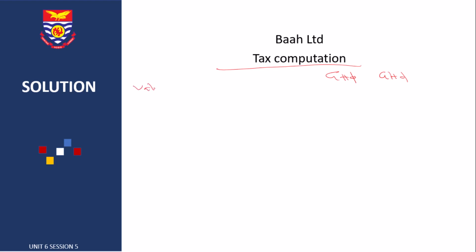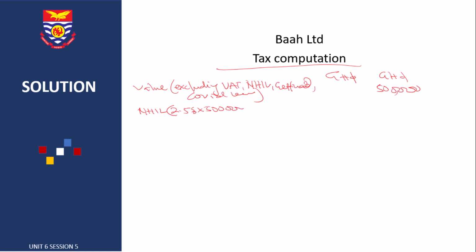So the value excluding VAT, NHIL, GETFund, COVID levy, we have 500,000. So now we compute NHIL. We have 2.5% times 500,000, and this is going to give us 12,500.